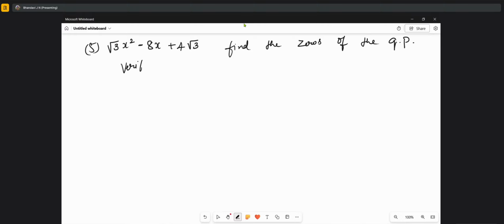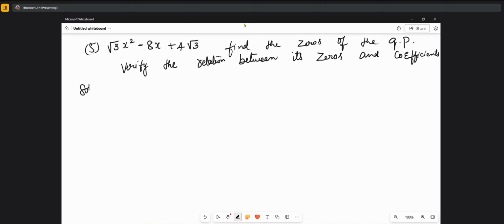Verify the relation between its zeros and coefficients. Okay. Root 3x square minus 8x plus 4 root 3. Try now.